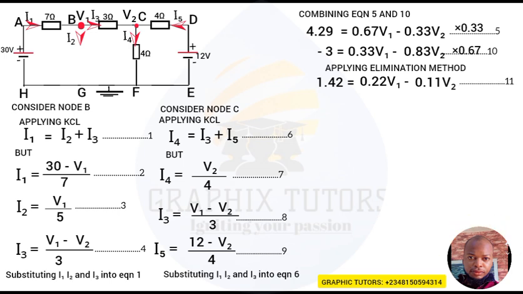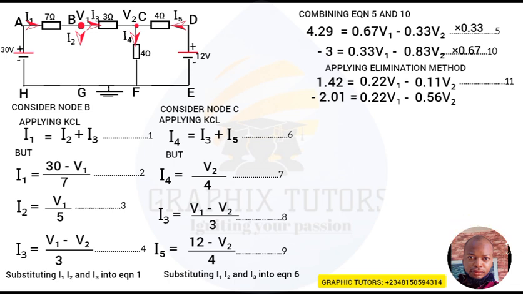I will come again. I will multiply 0.67 times minus 3, I will have minus 2.01 equals to, if I multiply 0.67 times 0.33, I will have 0.22 V1 minus, if I multiply 0.83 V2 times 0.67 will give me what? 0.56 V2.